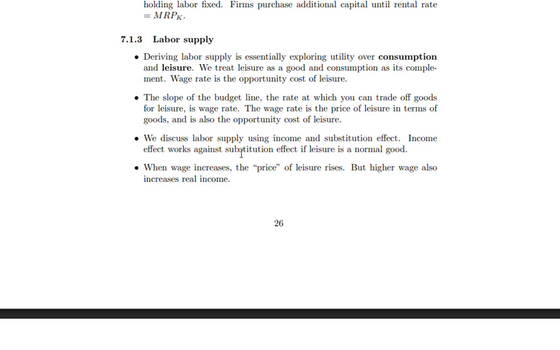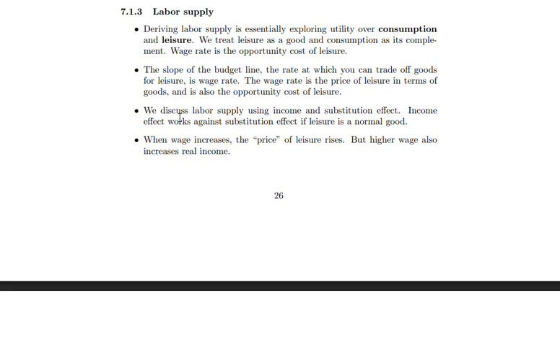So when you think about leisure, you need to think about how, if I put that leisure time into work, I can get those wages. That is the concept of opportunity cost.